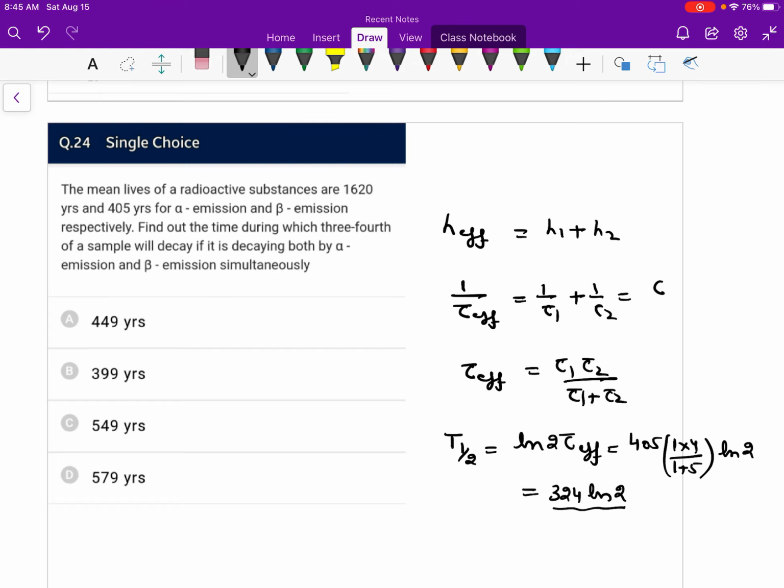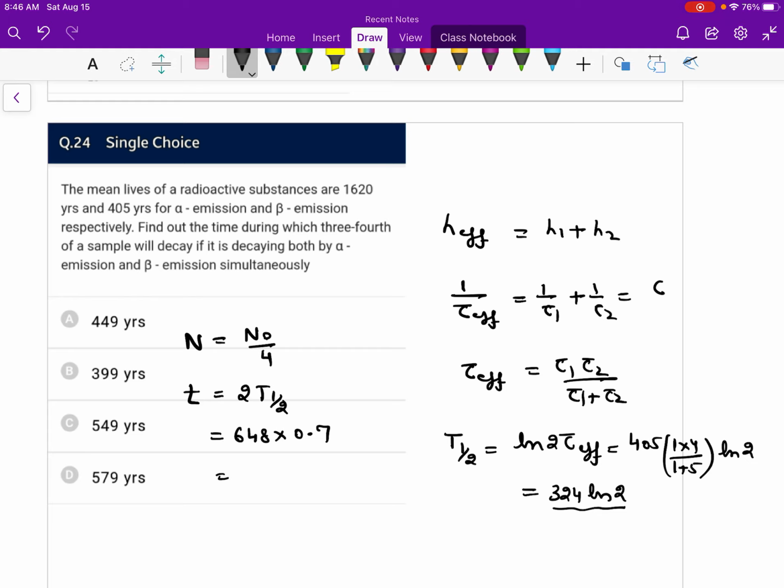Now 3/4 of the sample decays, so remaining atoms N is N naught by 4, that means t is twice of t half, so that is 648 into ln2, which is 0.7.